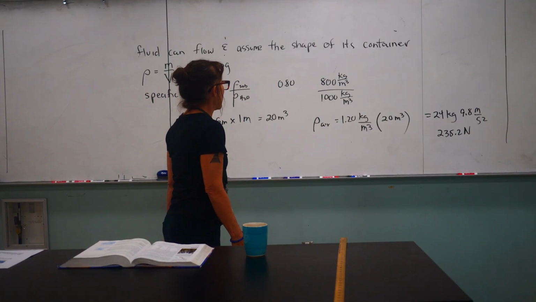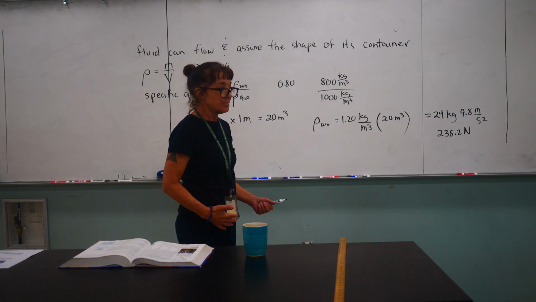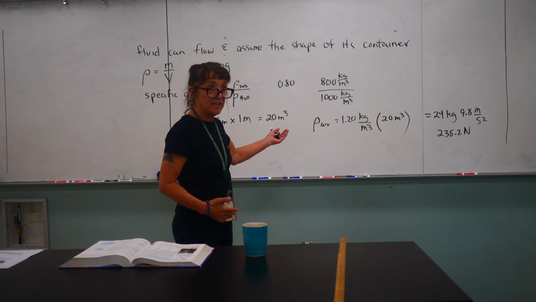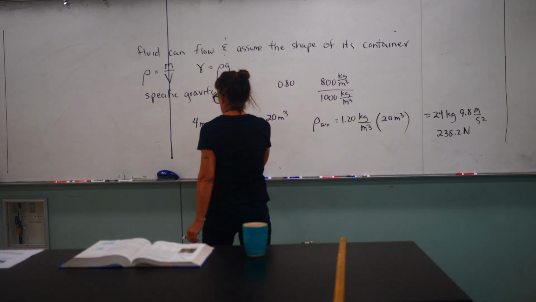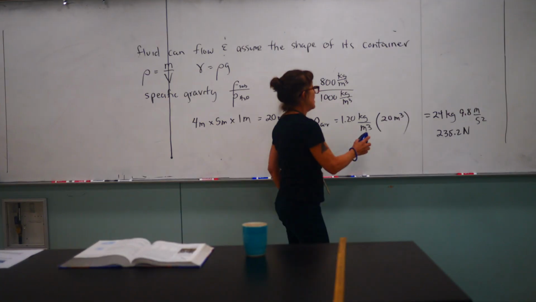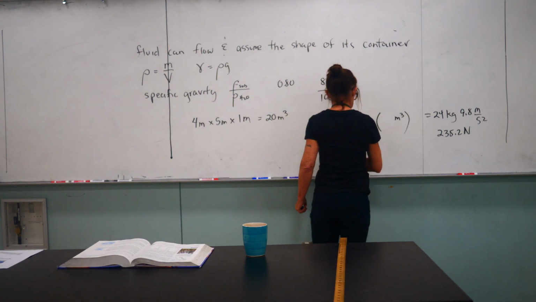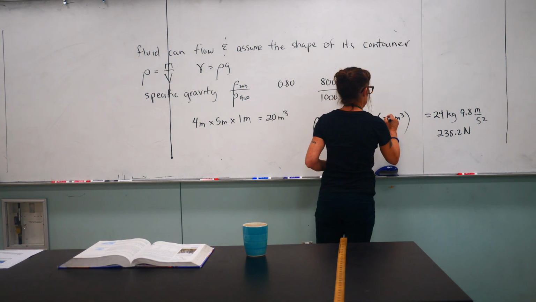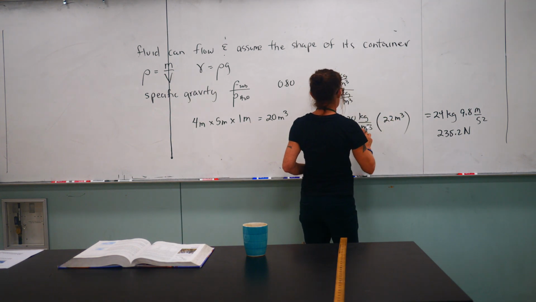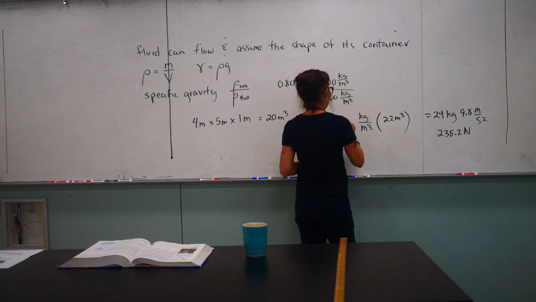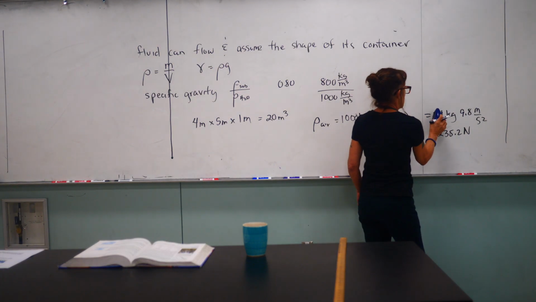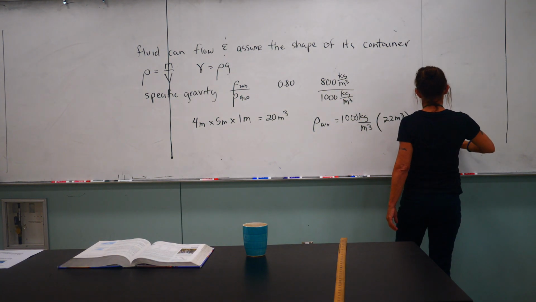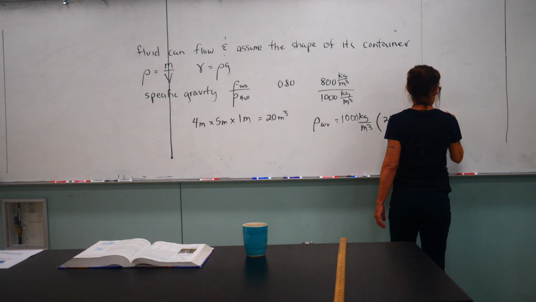Now, the problem asks us to find the mass and the weight of an equivalent volume of water. So all we have to do here is, I'm sorry, 22 meters cubed, I changed the wrong one, times 1,000 kilograms per meter cubed. That's 22,000 kilograms.